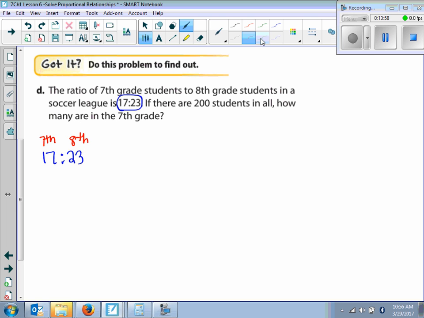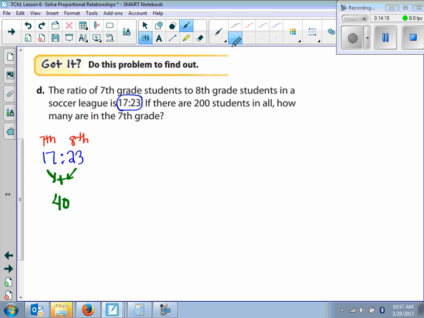How do I know what number will represent both 7th and 8th graders? You add them together. Very good. So we're going to add these together to get our total. So that's going to be what? 40. Okay?